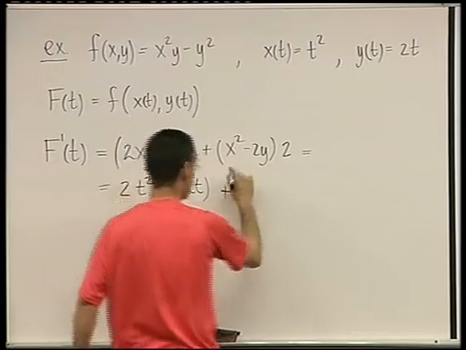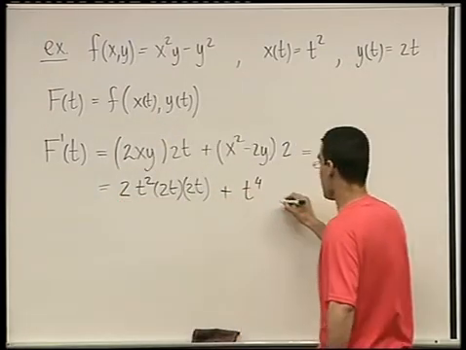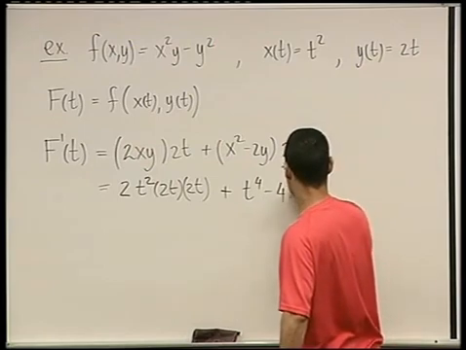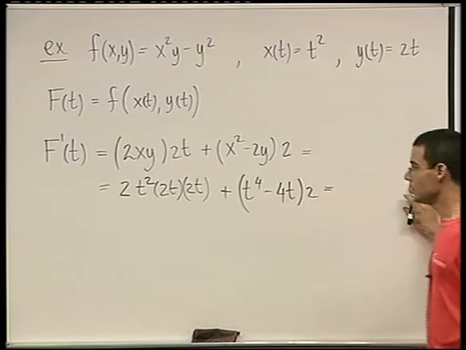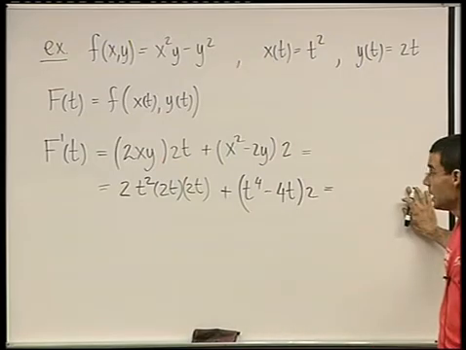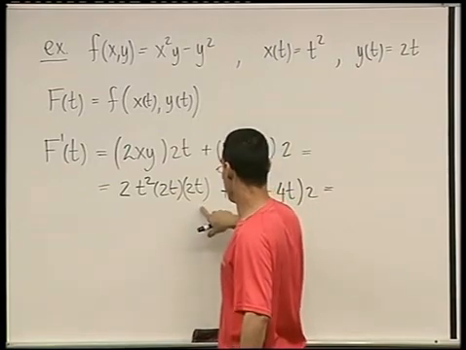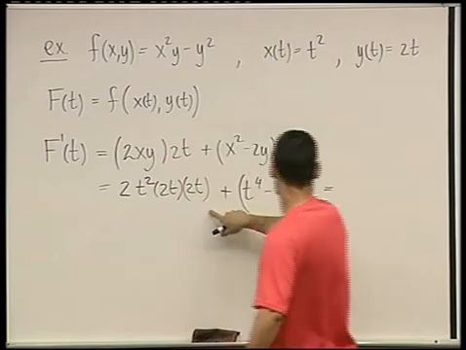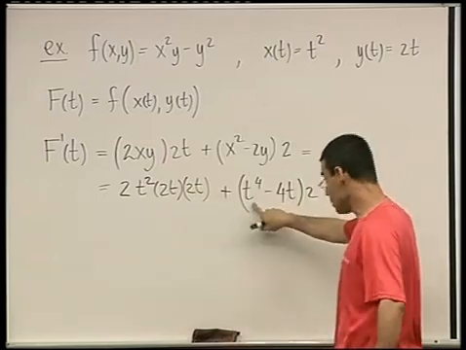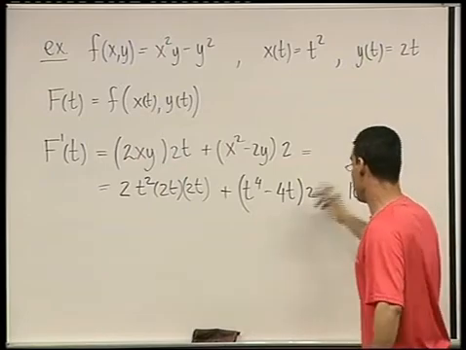And here I have x squared, so it's t to the power 4, minus 2y, minus 4t, and all of this multiplied by 2. Do you agree? And now I just have to figure all this out. So what do I have here? I have a t to the power 4 times 2 times 2 times 2. That's 8. So it's 8t to the power 4 plus 2t to the power 4. That's 10t to the power 4 minus 8t.